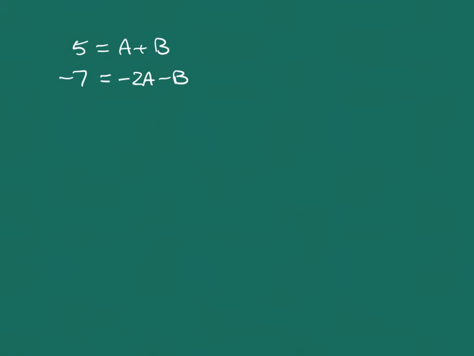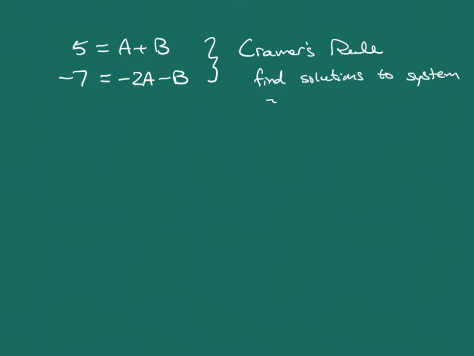In general, if we have really big systems that we might need to solve, we might want to use a pretty big gun, and that's called Cramer's rule, which tells us how we can find the solution to the system using determinants.